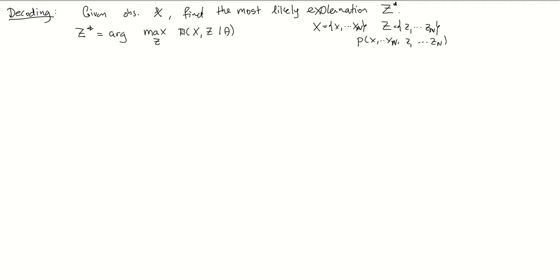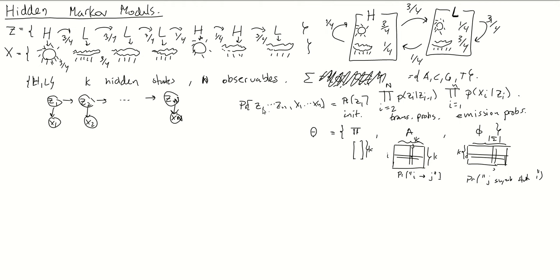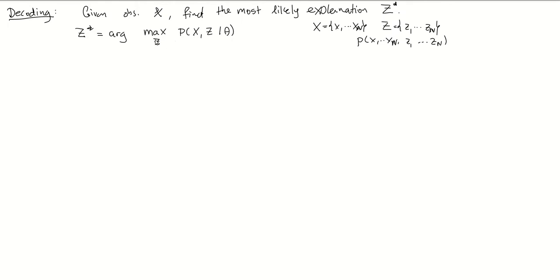We know how to compute this probability under our model. Now I just want to find the Z that gives me the maximum probability. What I could do is try all combinations of Z, compute all of them, and take the one that's the most likely.